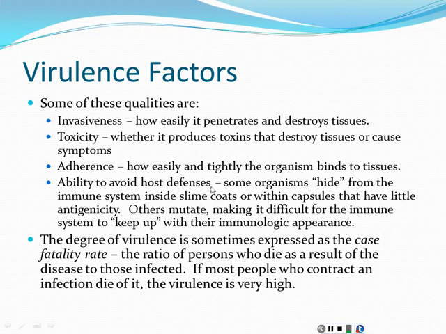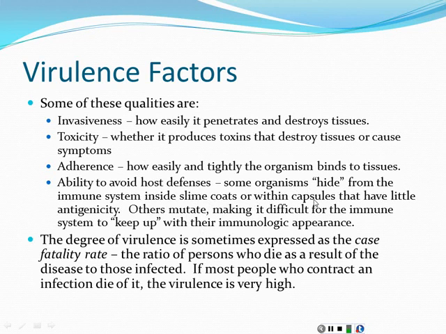For example, the Pseudomonas bacteria, Pseudomonas aeruginosa, has developed a slime coat. So it coats itself with this slippery slime, and it makes it so the immune system can't see it. So these bacteria can live in huge colonies that are all covered by this slimy coat, and the immune system doesn't even know it's there, so it can't attack it. That's just one example.